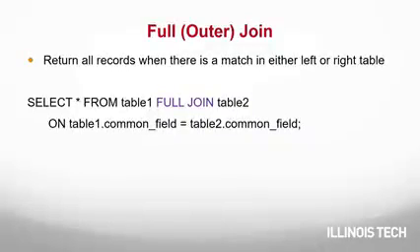Finally, we have what's called a full outer join, in which we want all of the data from both tables, whether or not there's a match on either side. So as you might expect, instead of saying left join or right join, we say full join. Select from table 1, full join table 2 on table 1 field equals table 2 field.